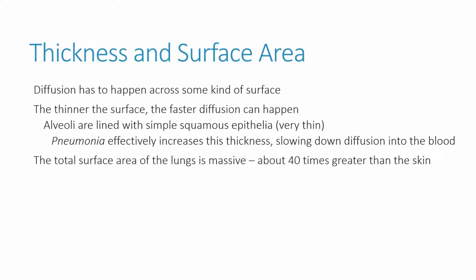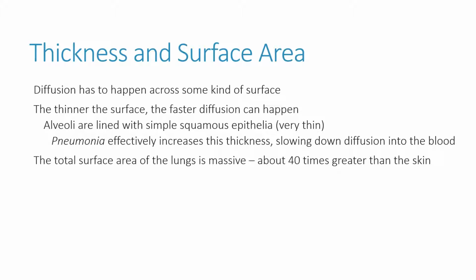We also need diffusion to happen across a relatively large surface area. If we took all of the alveoli from the lungs and spread them all out, we would see that the total surface area of the lungs is quite massive, about 40 times greater than the surface area of our skin.